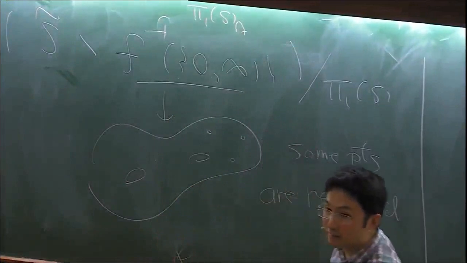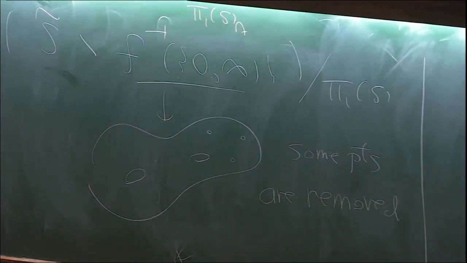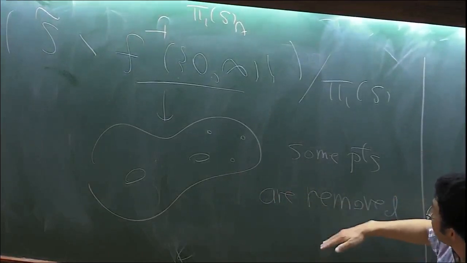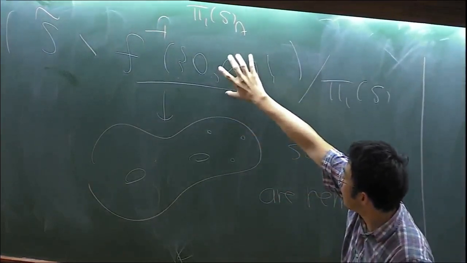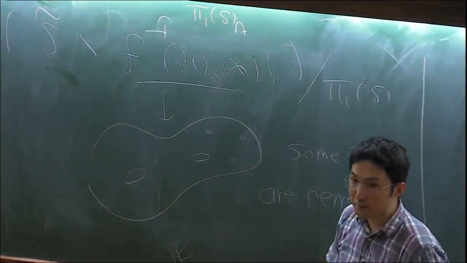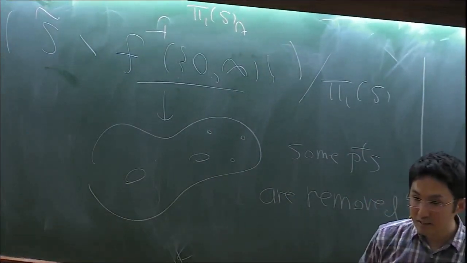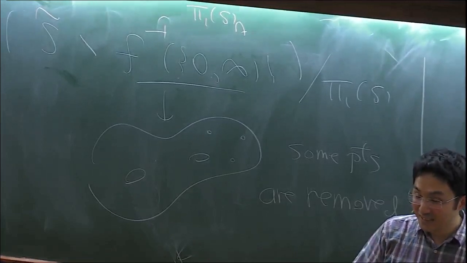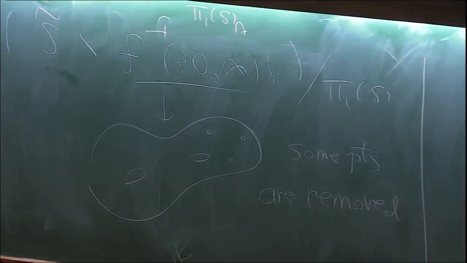So you can quotient out. And then we start with a closed surface, so this inverse image descends to finitely many points.